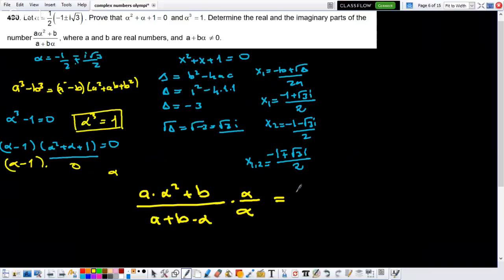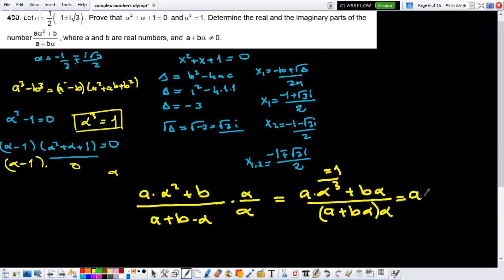Then you're going to get a times alpha cube plus b alpha all over a plus b alpha times alpha. At the upper part I got a plus b alpha, since alpha cube is equal to 1. So this expression is equal to a plus b alpha all over a plus b alpha times alpha.